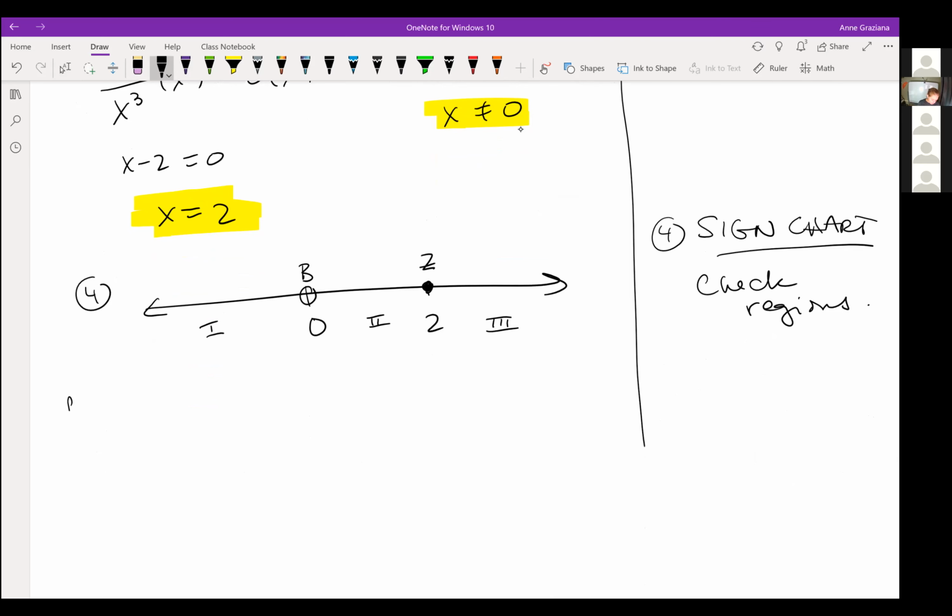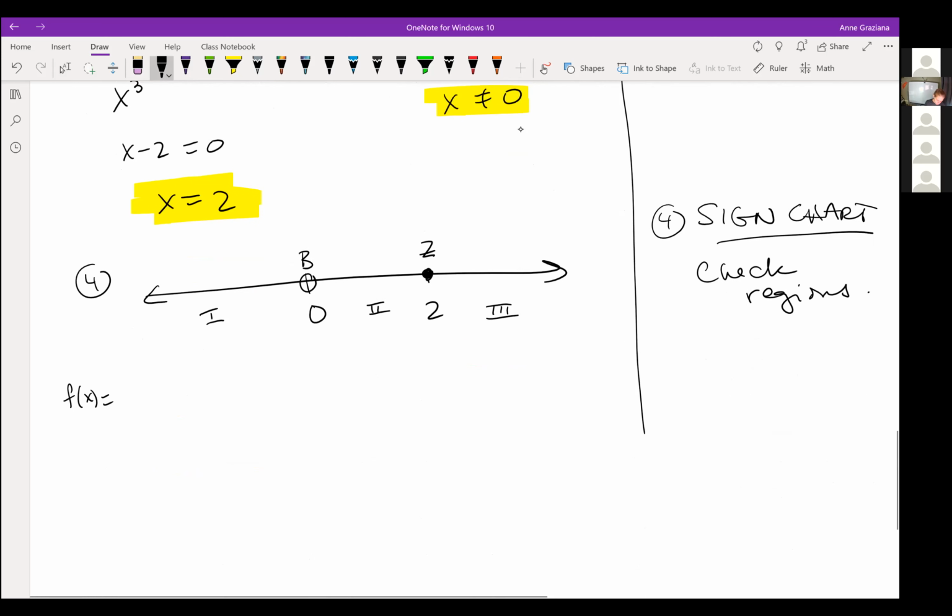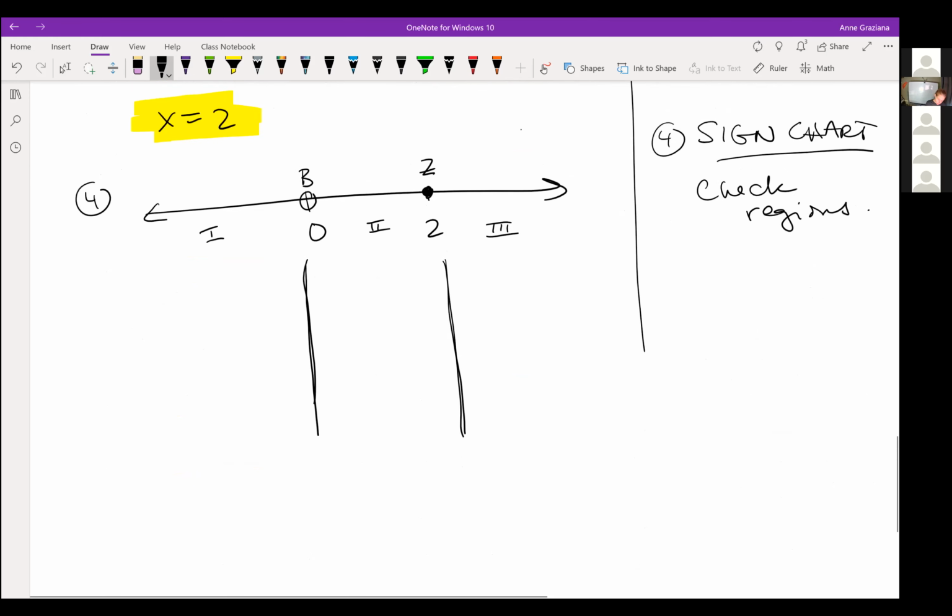All right, so my function is x minus 2 over x cubed. And here's one thing you can do. Some people like to organize it like this, like they put little bars here to break up your regions.